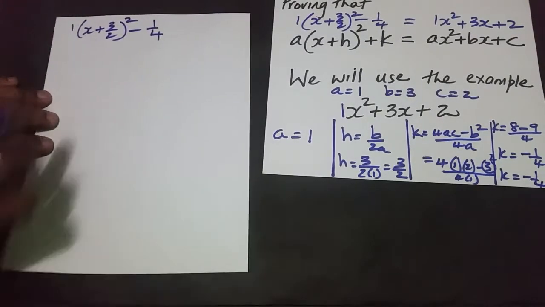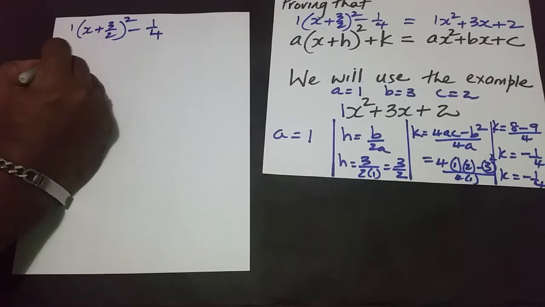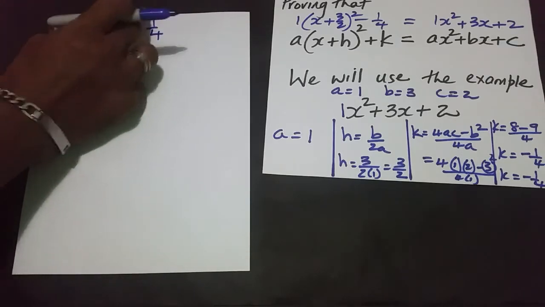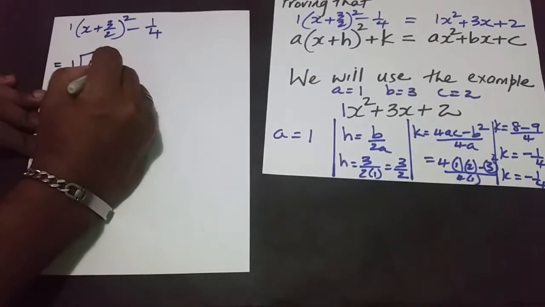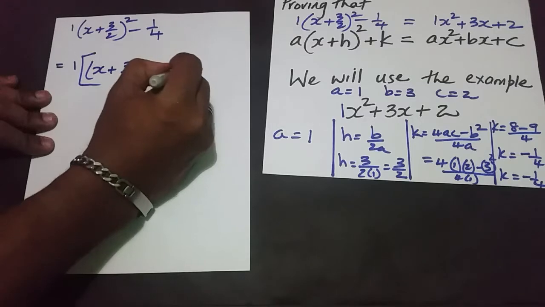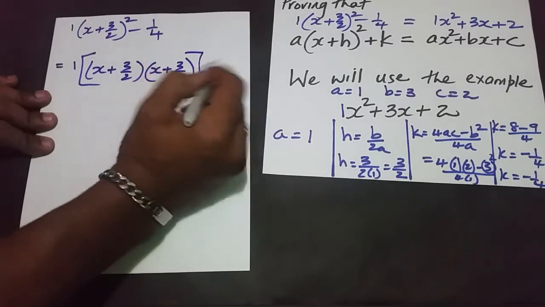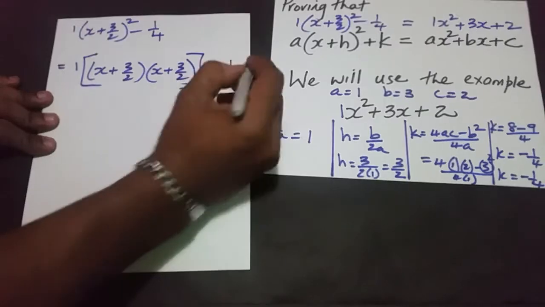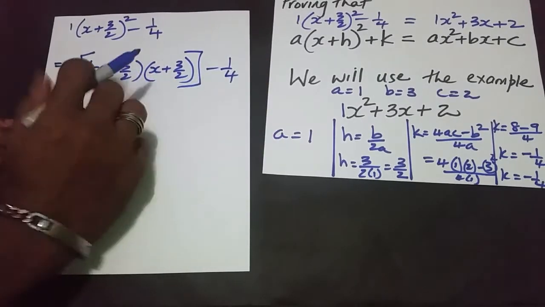Now, this here is the same as 1, and this is squared, so this times itself. So it's going to be x plus 3 over 2 times x plus 3 over 2. And then I'm going to close this. So this all squared is this, and then put the minus a quarter outside. So I'm going to expand what's in the bracket.